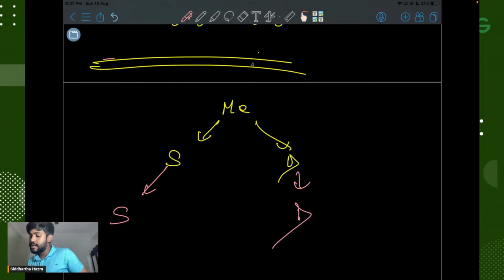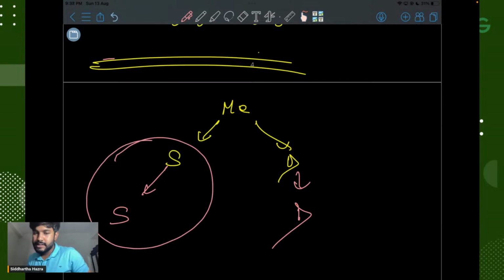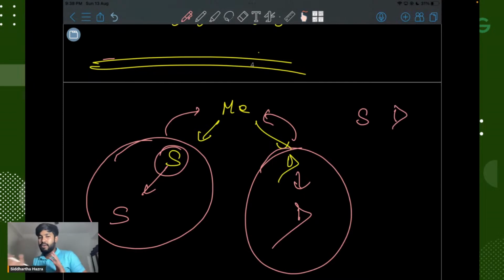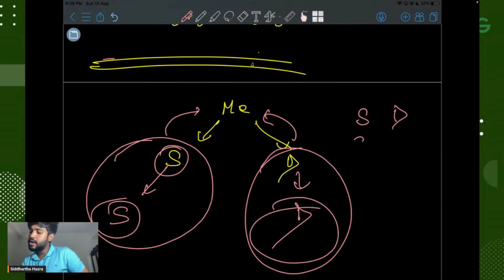What I am trying to say is that all the values on my son's side with all the values on my daughter's side, I would be the lowest common ancestor. Like my son with my daughter, they would have me as the lowest common ancestor. This person with this person would also have me as the lowest common ancestor. Then crisscross would also happen.